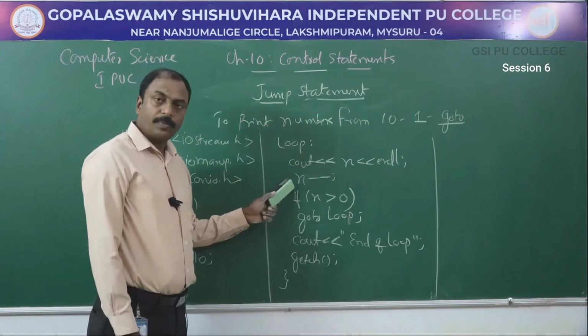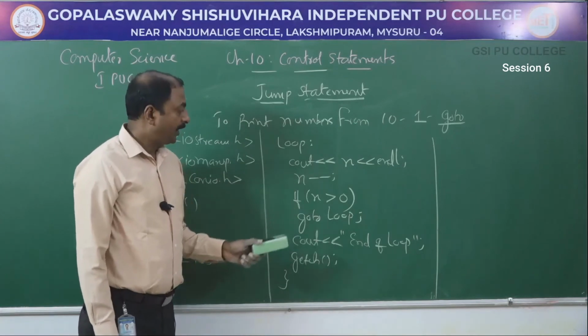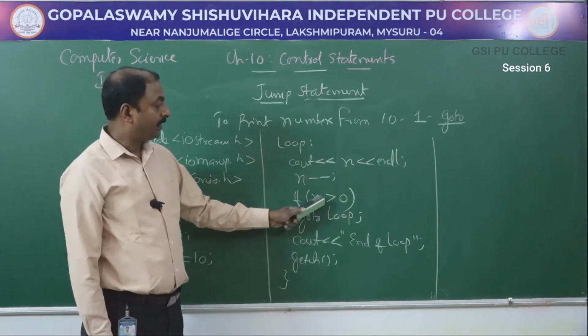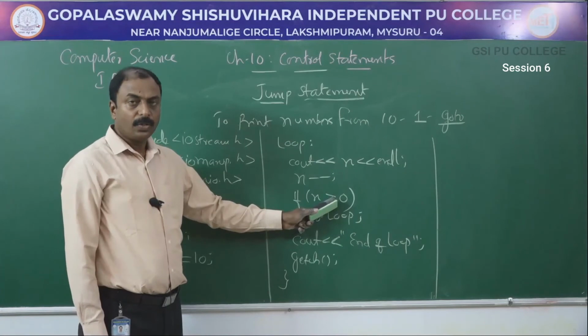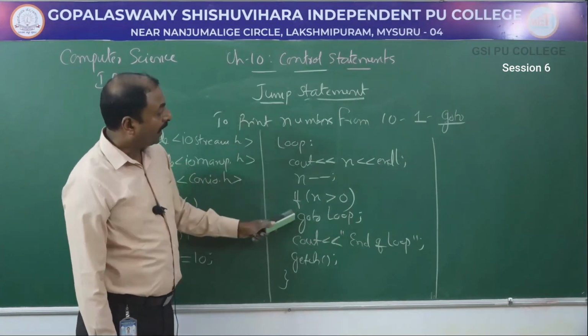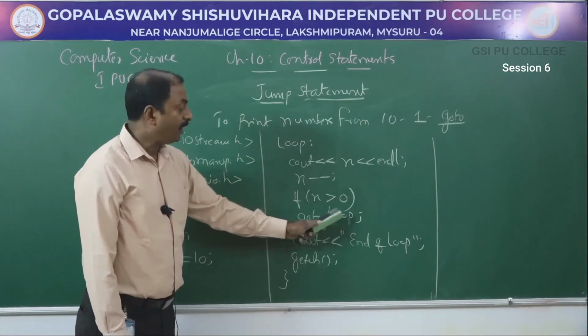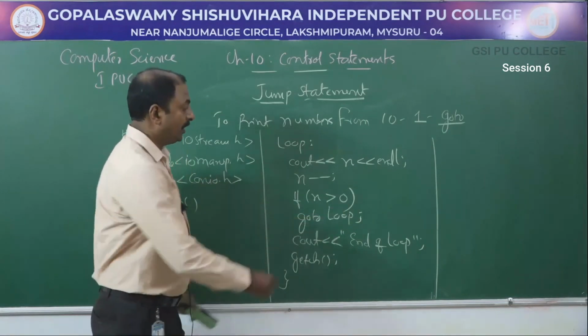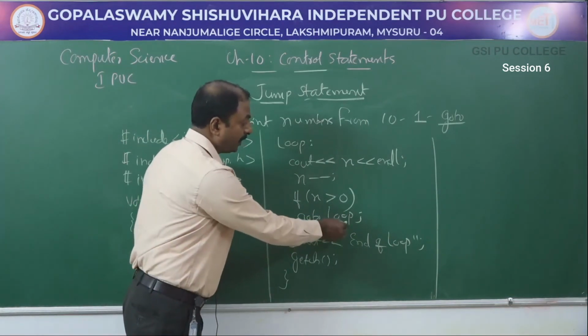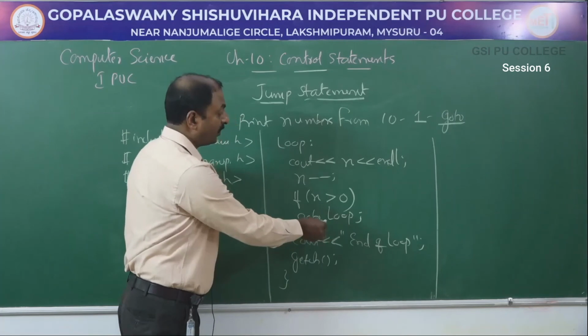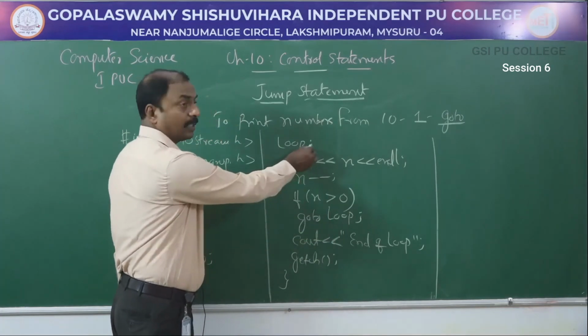These are the two statements to be executed. Next, it checks the condition n greater than 0. If it is true, it goes to loop. So when n is greater than 0, then goto loop.